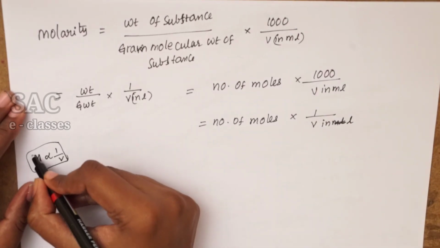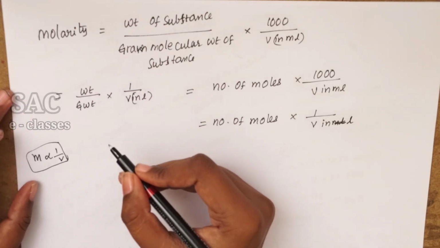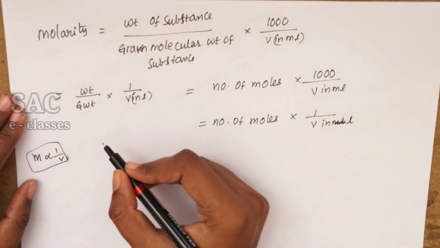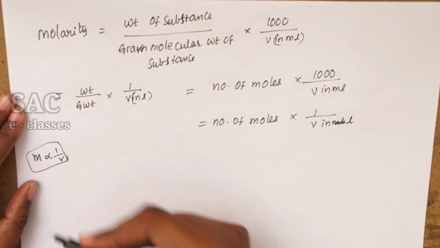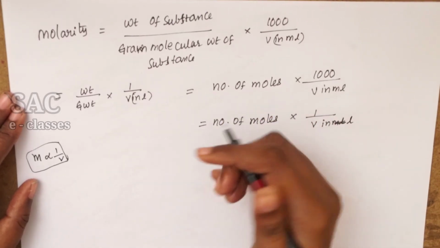Now the molarity of any solution is always inversely proportional to the volume. The more the volume, the less the strength. Whenever you keep on diluting, its strength will decrease.